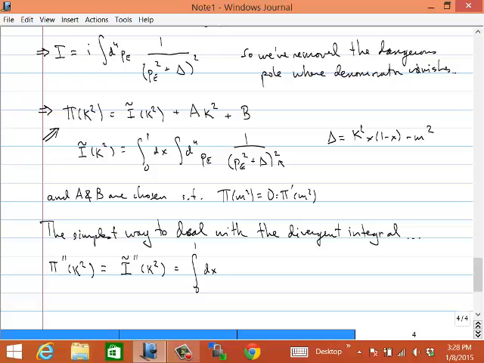You take 2 derivatives, and you'll get an x squared times 1 minus x squared times an integral d4 p Euclidean of 1 over p Euclidean plus delta, which was k squared x times 1 minus x minus m squared, now to the 4th power. And with a power of 6, coming from those 2 derivatives.